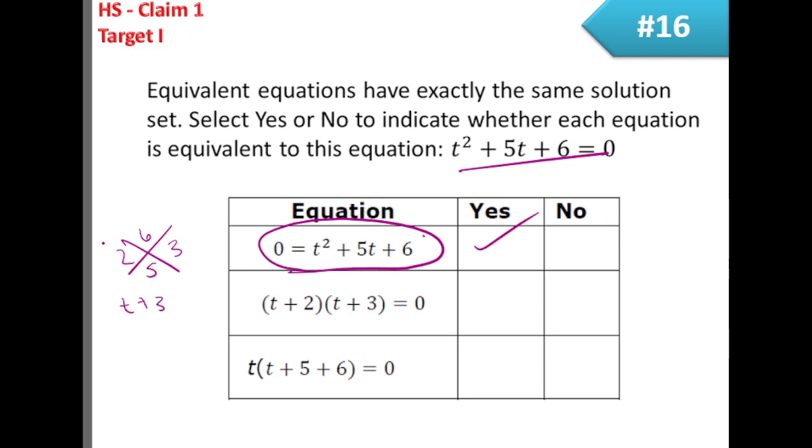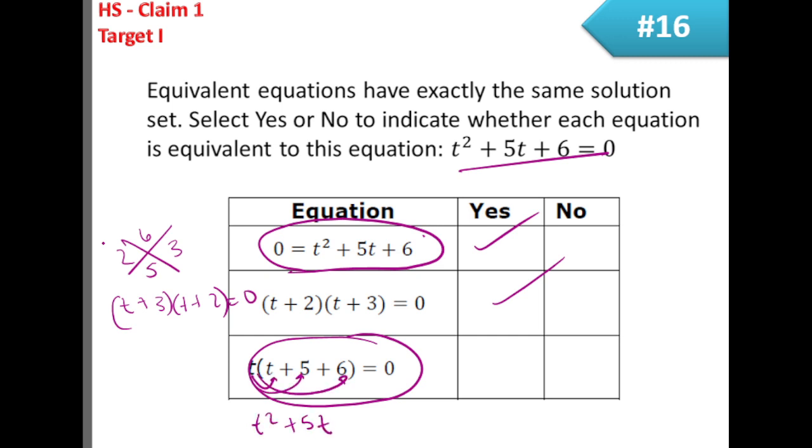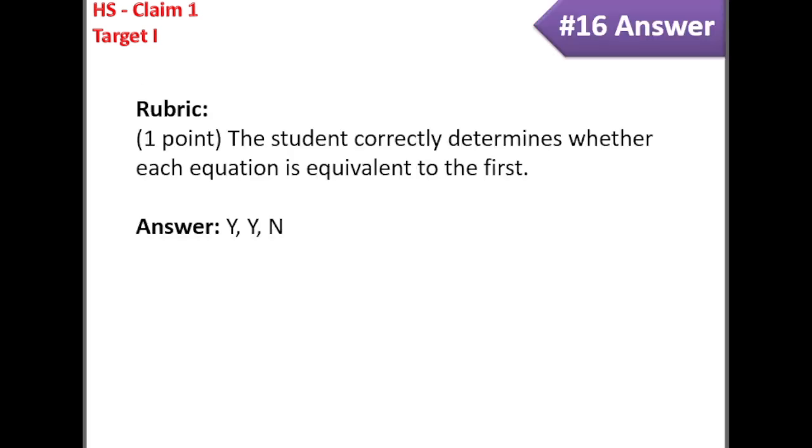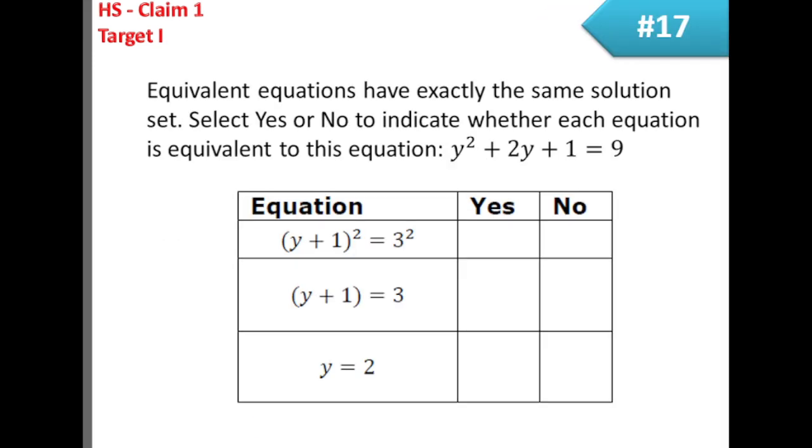It is the same thing as t plus 2, t plus 3 equals 0. So yes, this is true. This cannot be true because if I distribute it to each one, I get t squared plus 5t plus 6, which is not the same as this, so no. Okay, so yes, yes, no.